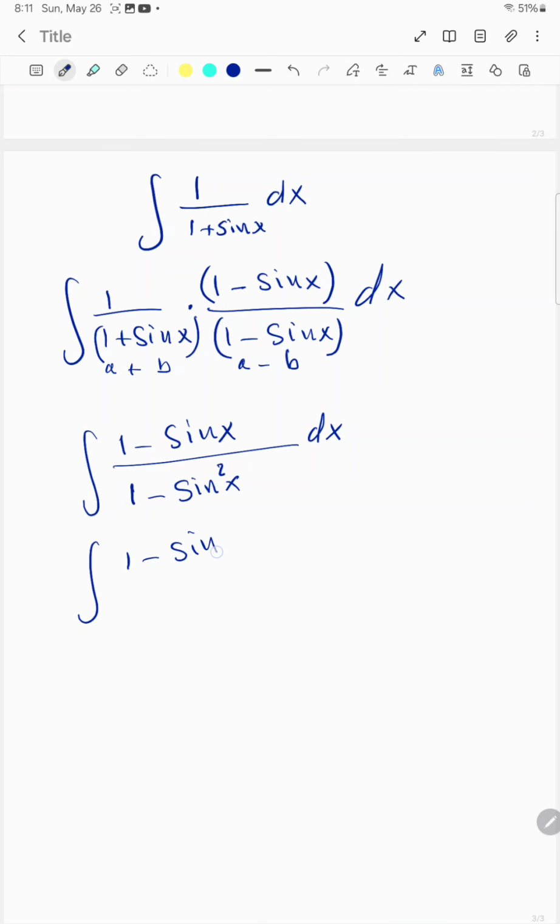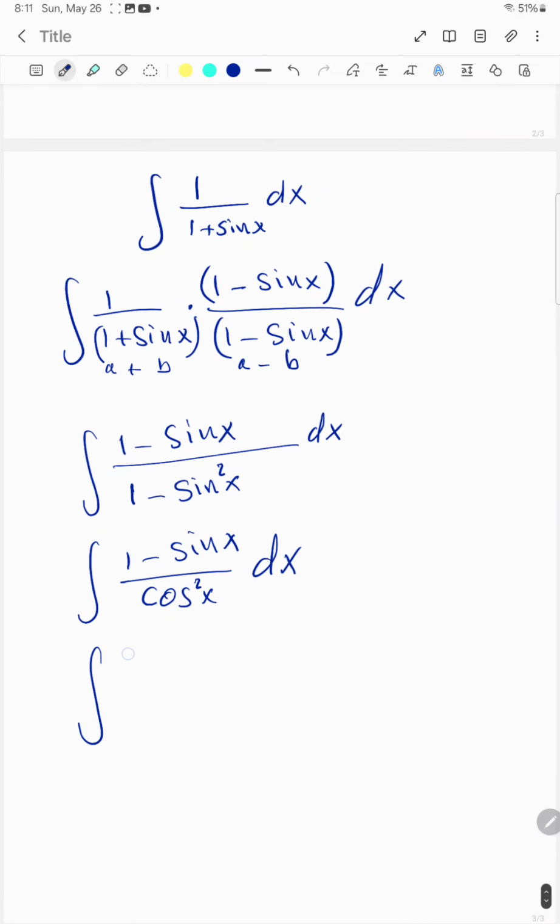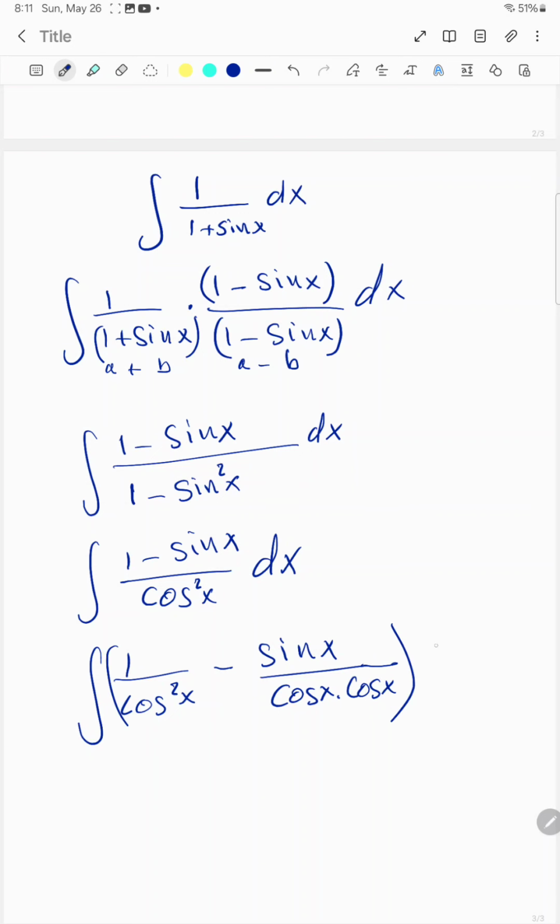So this is equal to 1 minus sine of x divided by cosine square of x dx, and let's distribute my denominator. It becomes 1 divided by cosine square of x minus sine of x divided by cosine of x times cosine of x, which is cosine square of x, and all that is dx.